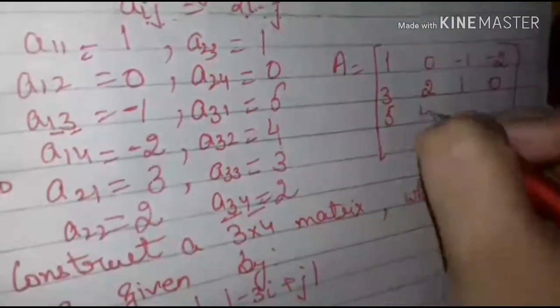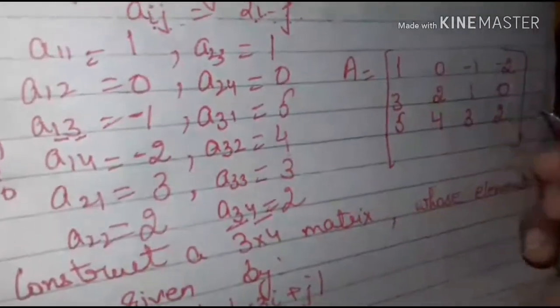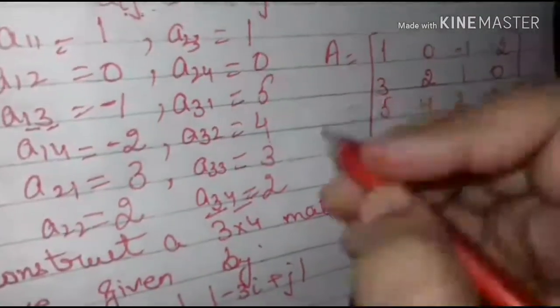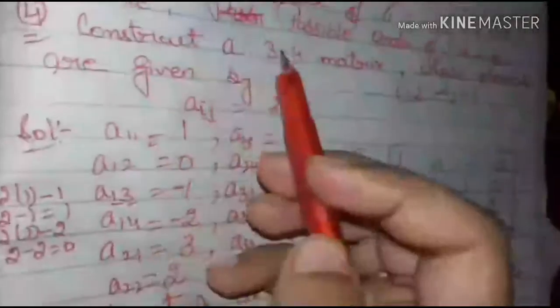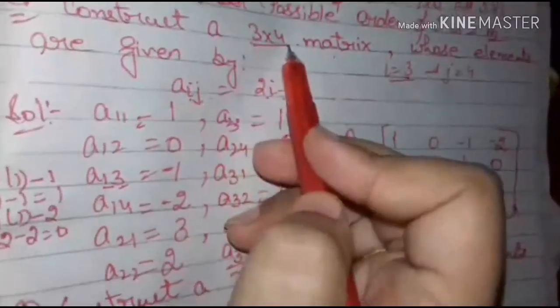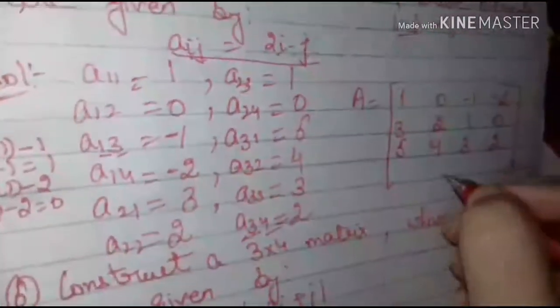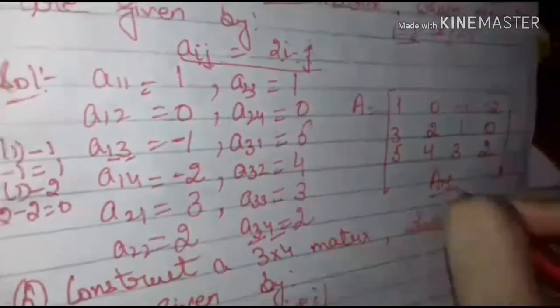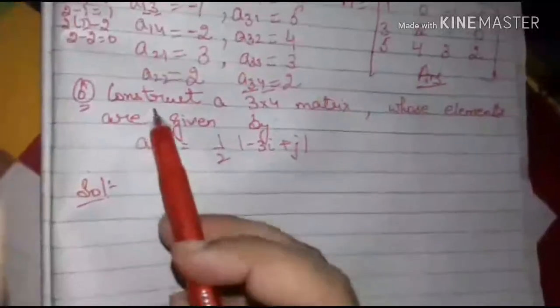Then 5, 4, 3, 2. So this is the matrix of order 3 cross 4 by solving this equation, and this is the answer of the example. Now we have another example.